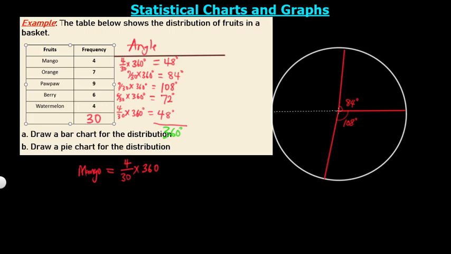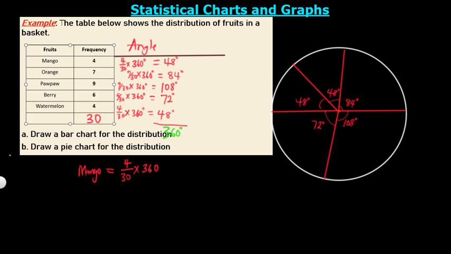So I can call this my 72 degrees. And dividing this into two equal parts, I have 48 and 48. So isn't that interesting? You have this 48 degrees here, and you have another 48 degrees.